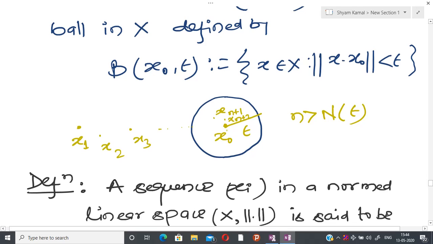So the sequence xi converges to x0 if and only if for each positive epsilon, and I can vary this epsilon, the ball I have made for a particular epsilon contains all but a finite number of elements of the sequence. It means that the sequence has infinitely many elements, but after some time all of them fall inside this ball.